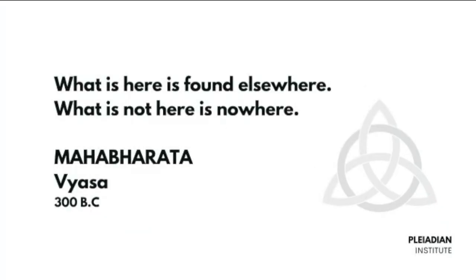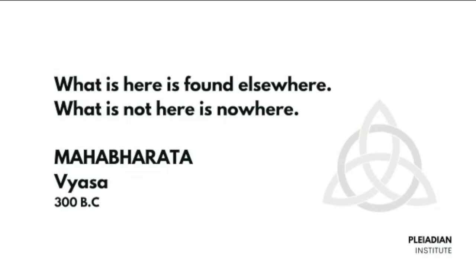Vyasa in the Mahabharata, which is one of the original Sanskrit texts that contains the Bhagavad Gita, the holy scripture of the Hindu religion, also 300 BC, also taught, what is here is found elsewhere.